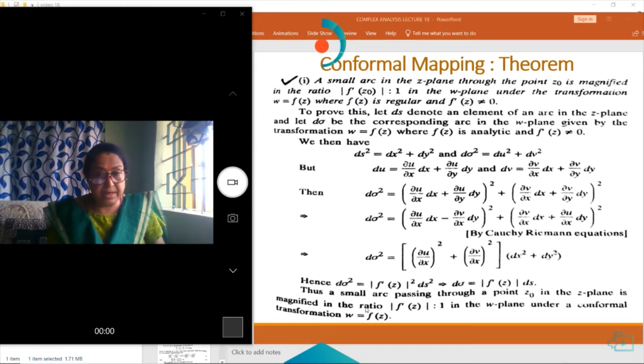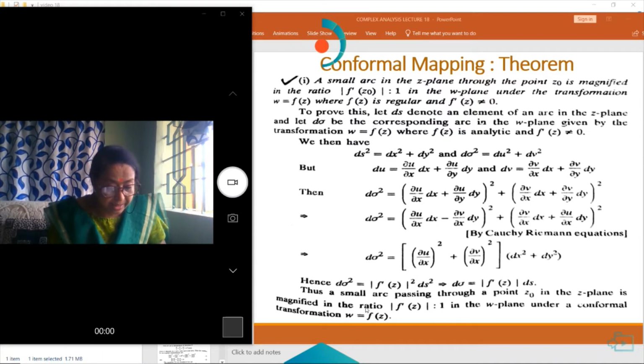So any curve ds square in the z plane can be written as dx square plus dy square, and any curve in the w plane can be written as d sigma square is equal to du square plus dv square.